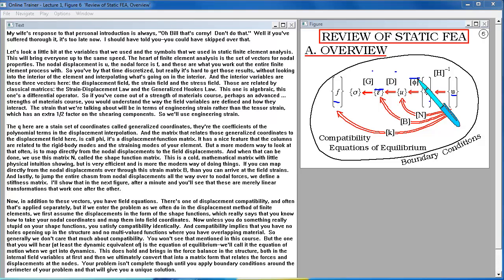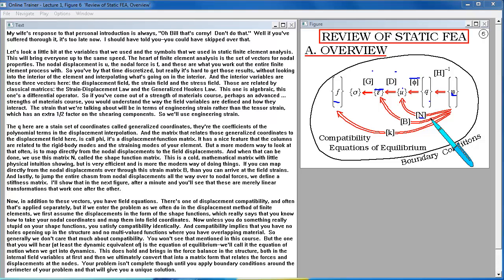But a more modern way to look at that often is to map directly from the nodal displacements to the field displacements. And when that can be done, we use this matrix N called the shape function matrix. This is a cold mathematical matrix with little physical intuition showing, but is very efficient and is more the modern way of doing things.